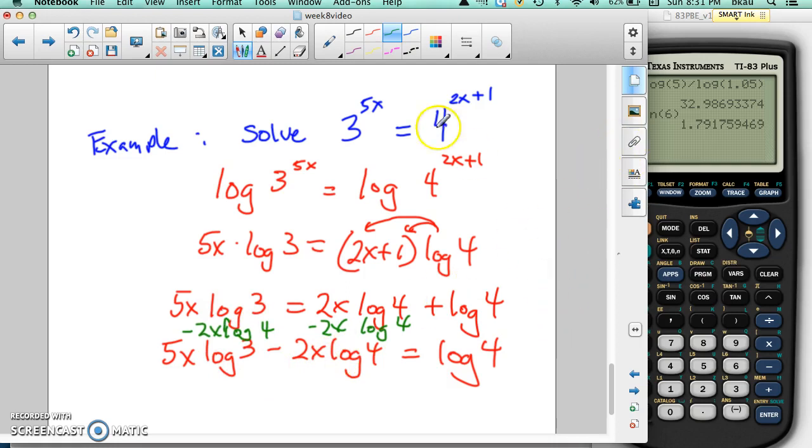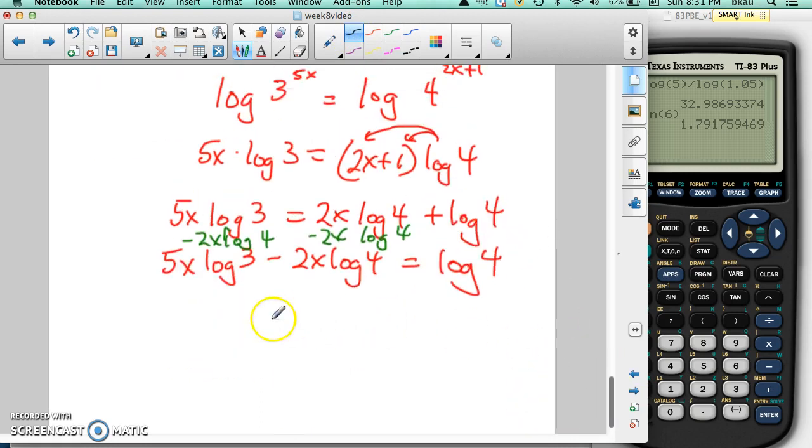Now we just have to think about this as a multiplication problem. So what we're going to need to do is factor in order to get the x by itself. We factor the x out of this side. So if we take the x out of this term, we're going to have 5 log 3 as the term left over after we factor out the x. And then if we factor the x out of this, we're going to have 2 log 4.